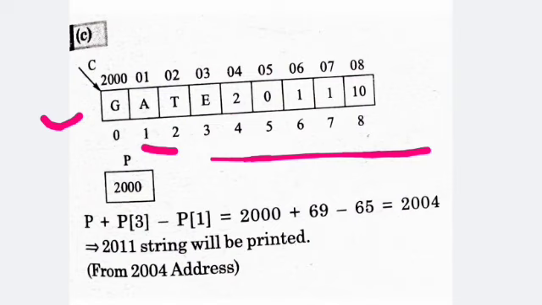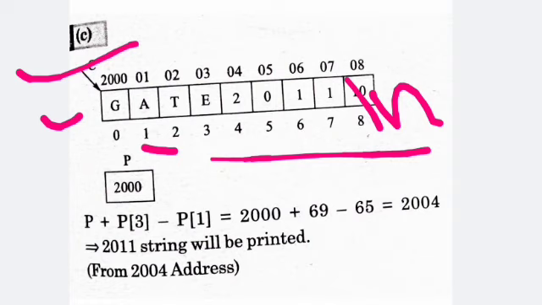And here a pointer is pointing to character array C, getting the value, and the address of P is equal to 2000.